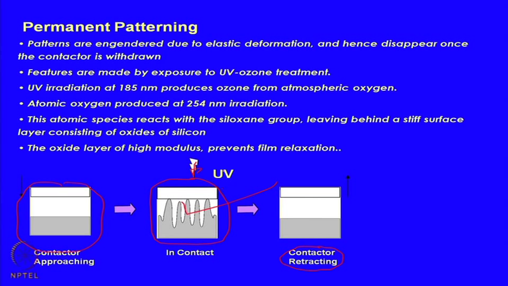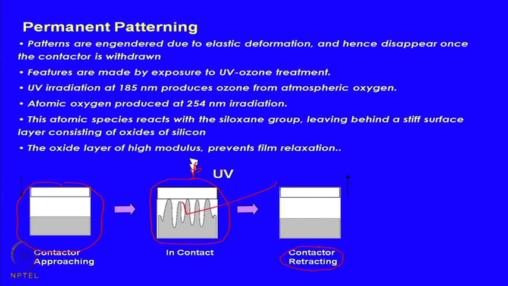What happens is that ultraviolet irradiation produces atomic oxygen by first dissociating the atmospheric oxygen at a wavelength of 184.9 nanometer, and this atomic oxygen again recombines with the oxygen available in the atmosphere to form ozone. That is why this UV exposure, which we have already talked about while discussing tailoring the surface energy of a PDMS film in terms of a whole lot of lithographic applications, CFL, mimic, etc. Then again, let me quickly repeat that.